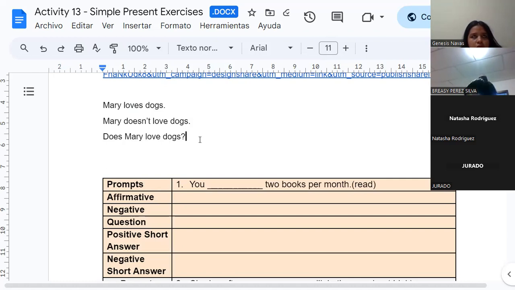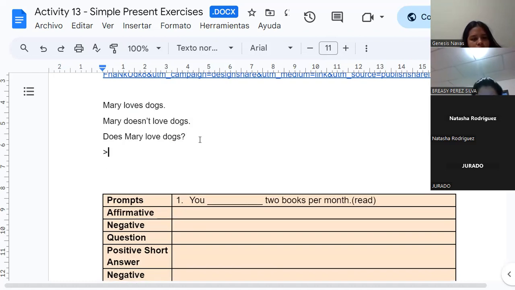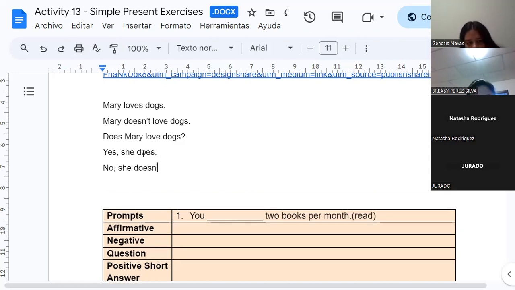En español simplemente decimos sí o no. O sea, ¿ama a los perros? Sí. ¿Ama a los perros? No. Pero en inglés tenemos que usar short answers. Entonces, en este caso digo yes, she, y repito el auxiliar, que en este caso es does. Yes, she does. Y si quiero decir no, digo no, she doesn't. Y este tipo de respuestas se llaman short answer o respuesta corta. Short answer, this will be the affirmative short answer, and the other one negative short answer.